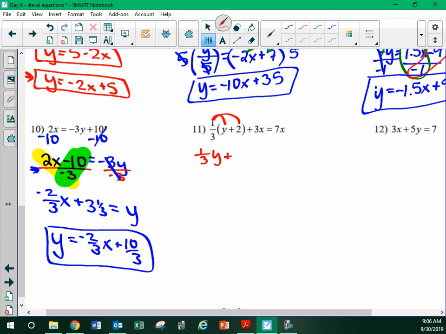What's 1/3 times 2? Use your calculator if you need to. 2/3. And then I still have plus 3x equals 7x. Okay? We want to get y by itself. So we've got a couple of things we need to get rid of. Let's go ahead and subtract our 3x. We can combine that.